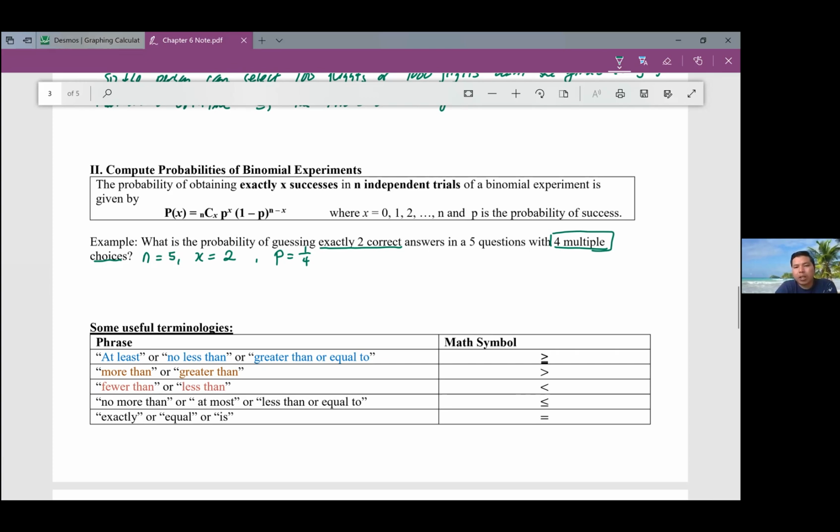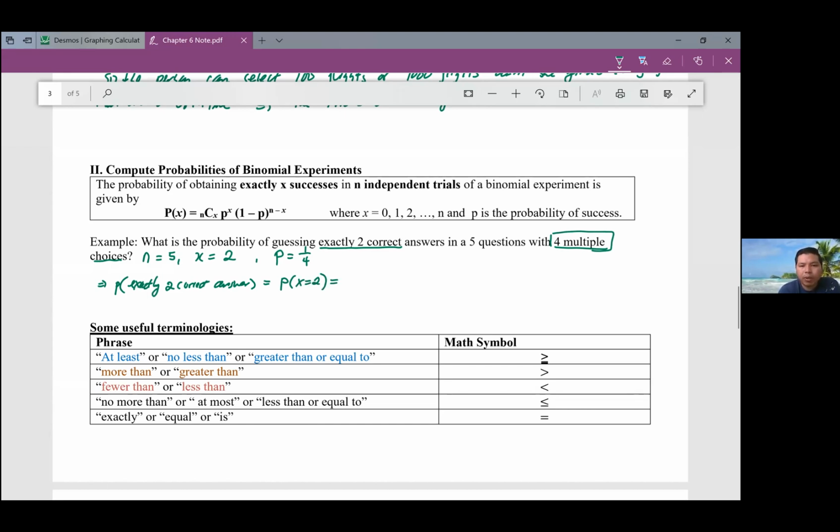So the probability of getting 1 correct answer will be 1/4, because we have 4 multiple choices per question. Okay. So according to the formula, the probability of exactly 2 correct answers is the same thing as we want to find P(X = 2).